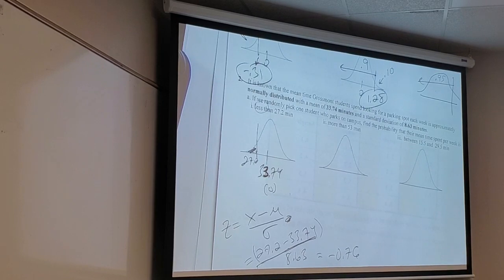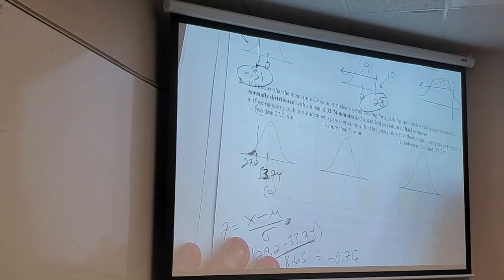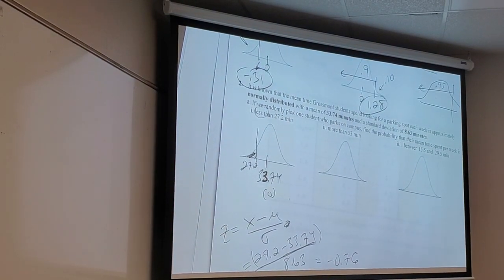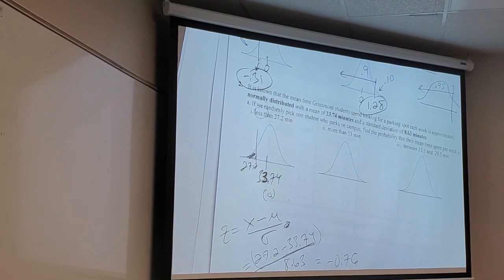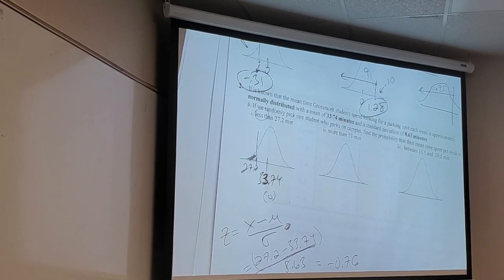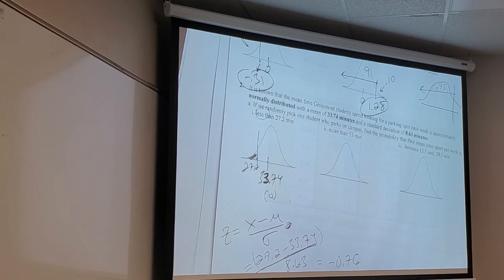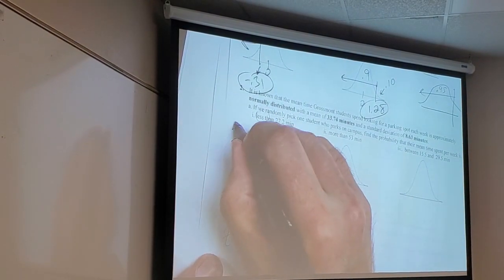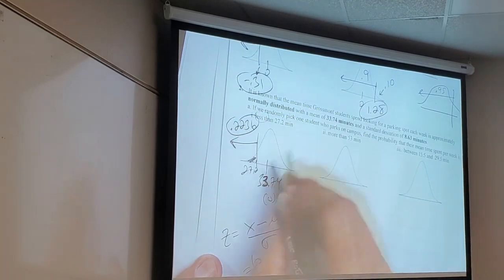I love it. So look that sucker up. What do you get for negative 0.76? .2236. So you can say this a few different ways.